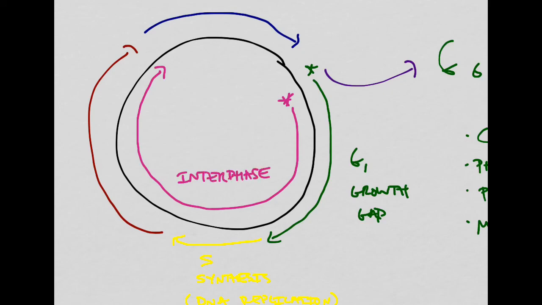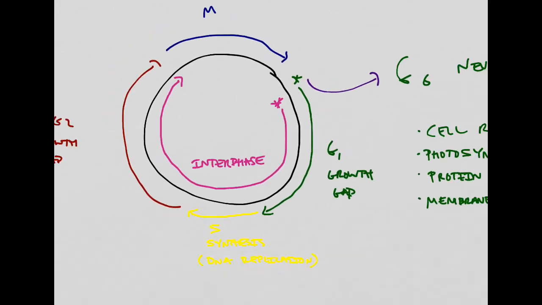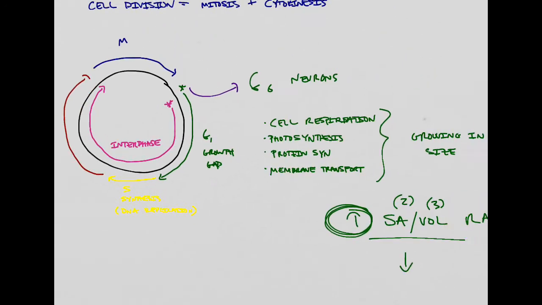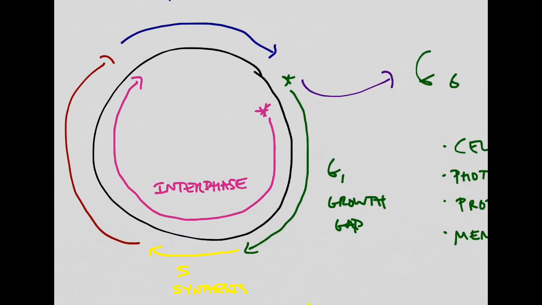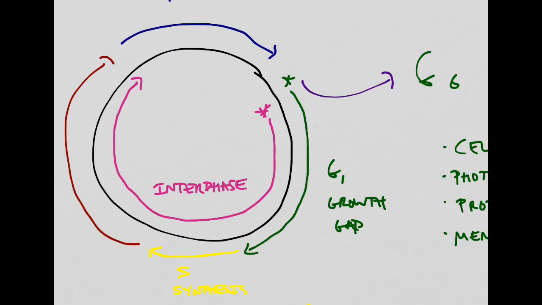And this takes up most of the cell's lifetime. So most of the life of the cell is spent here in interphase, growing, doing normal cell stuff, replicating its DNA, that whole shindig. And overall, this whole process is called the cell cycle.